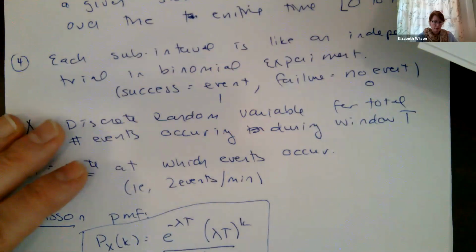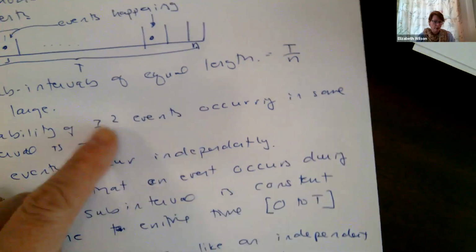Okay. All right, so let's think about, we talked about events happening within some time frame, but one of the things that we can also use the Poisson to represent is the interval between successive events.